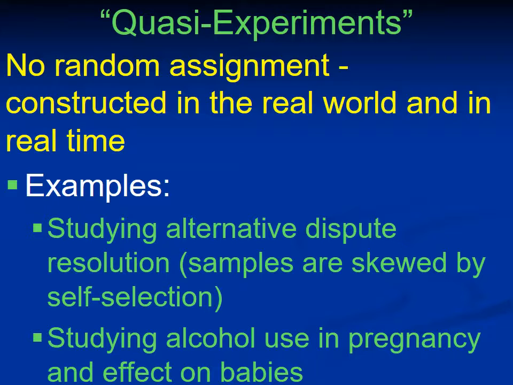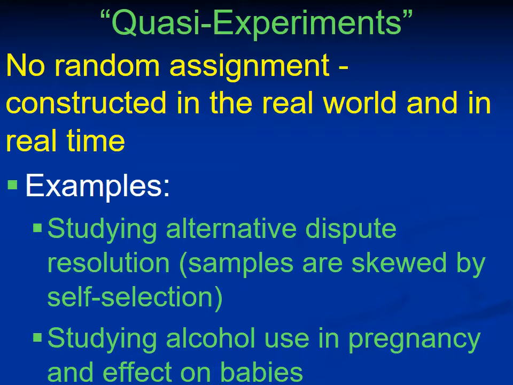But of course, since participation in mediation is voluntary, right? You start out right out of the gate with potentially skewed samples. Certainly, it's really easy to imagine that people who choose to try mediation might differ on any number of characteristics from people who don't choose that.